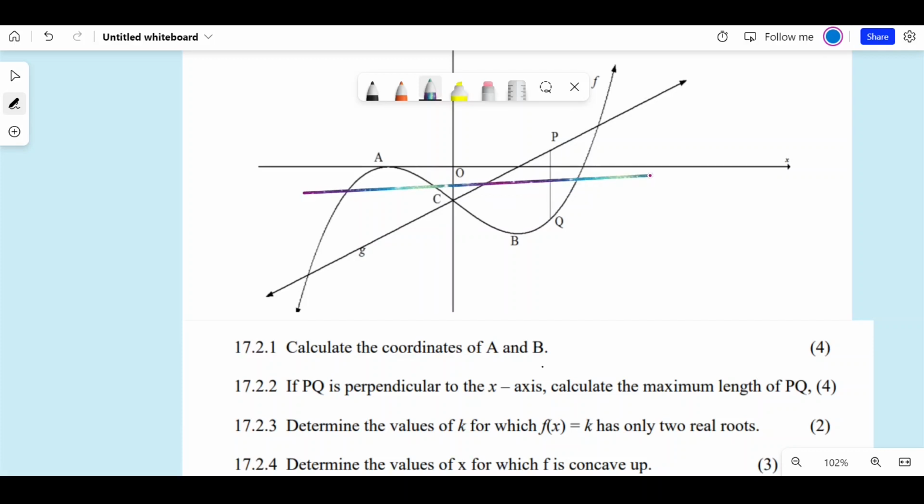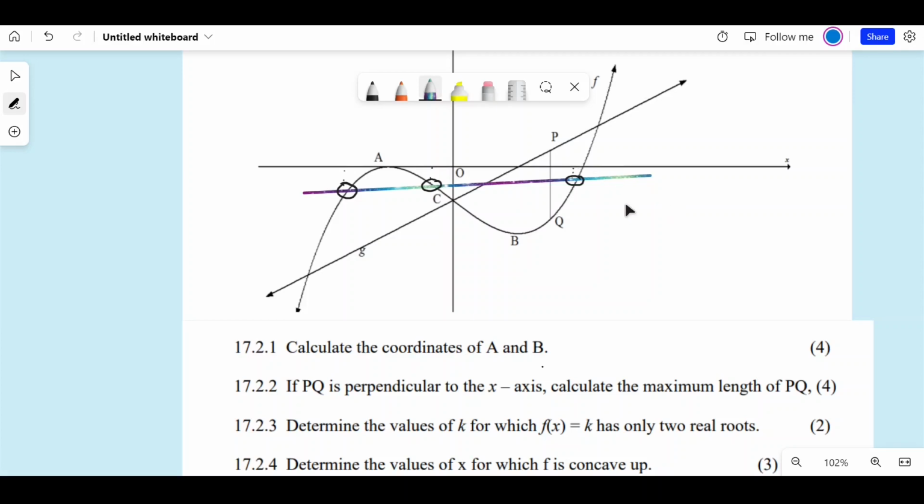So now here you can see it cuts the graph in 1, 2, and 3 places, the cubic function. So these values where it cuts the graph, these x coordinates, are called the roots of this f(x) equal to that line.